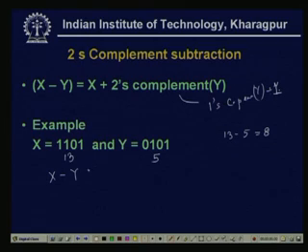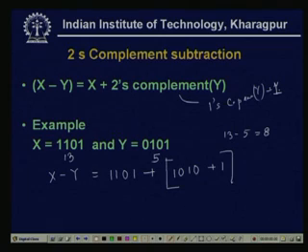Now, the way we have done it, x minus y is 1101 plus the 2's complement of y, meaning first the 1's complement of y plus 1. So, 0101 if I flip, it will be 1010, plus 1. So, this will be 1101 plus 1011.